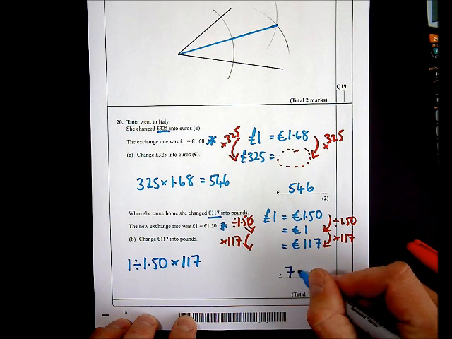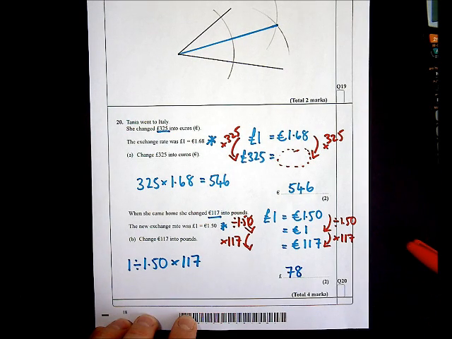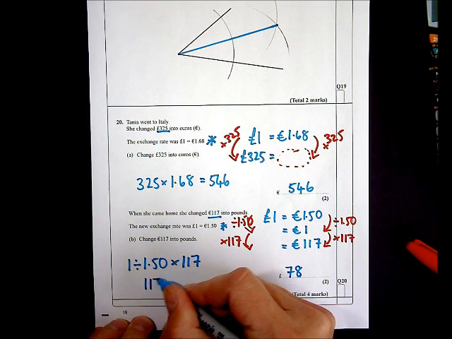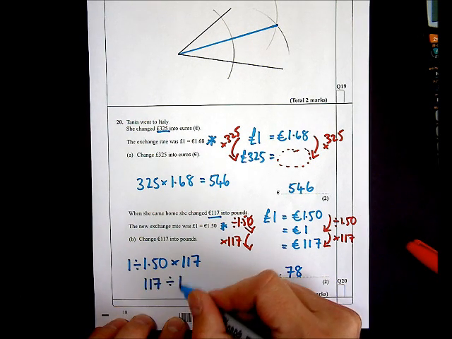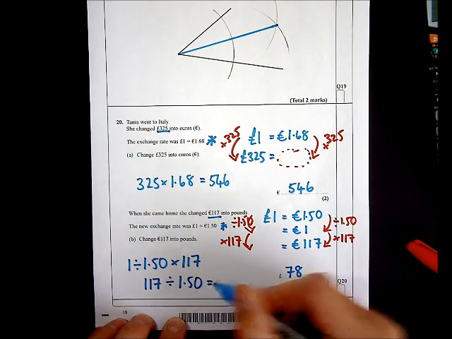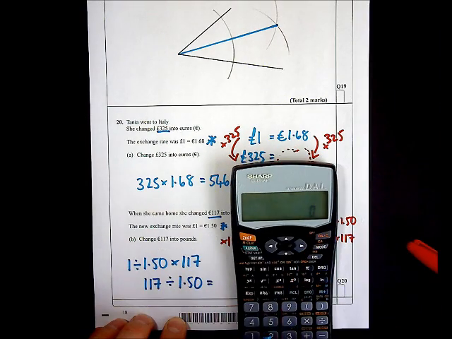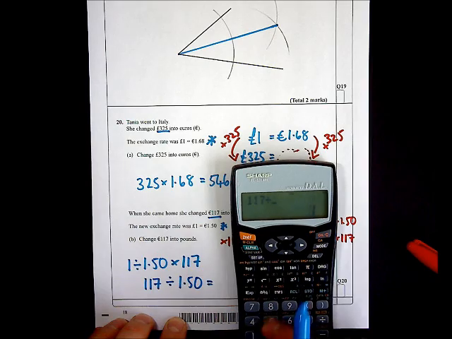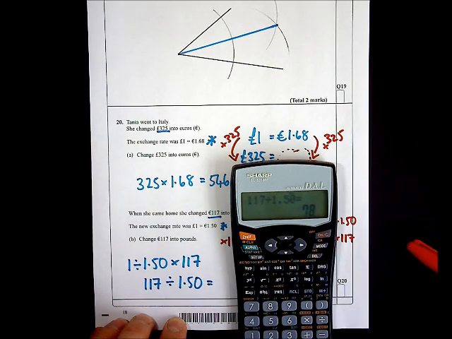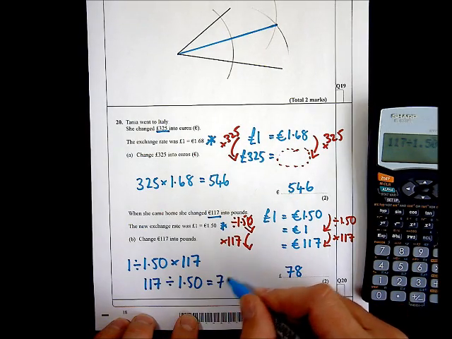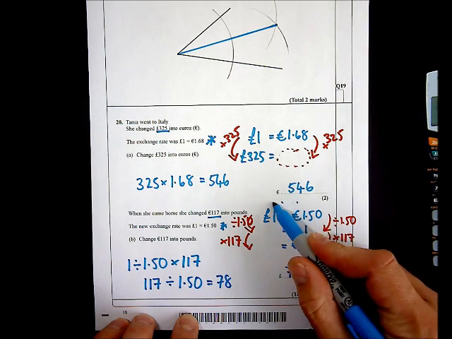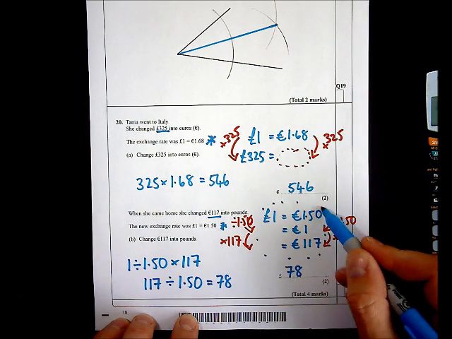So my answer would be £78. Now I can do that in one step by doing 117 divided by an exchange rate of 1.50. And again, 117 divided by 1.50 equals 78. However, I think this here gives me more of an idea of what's going on.